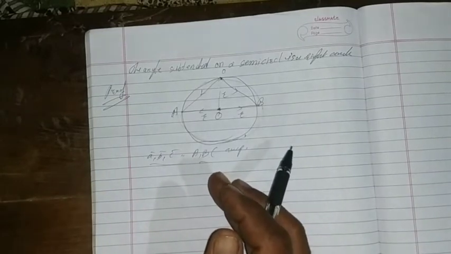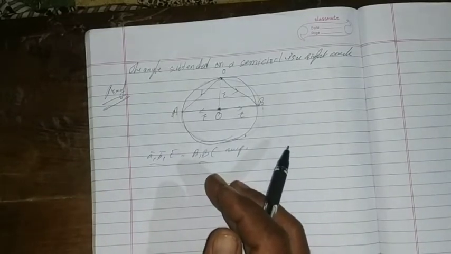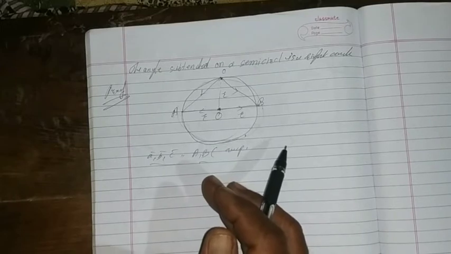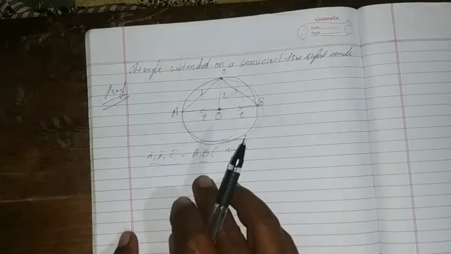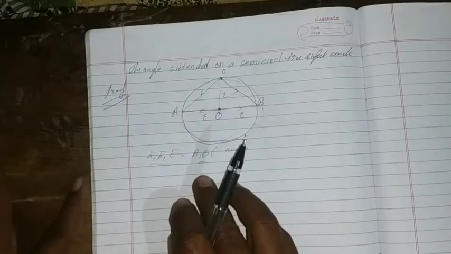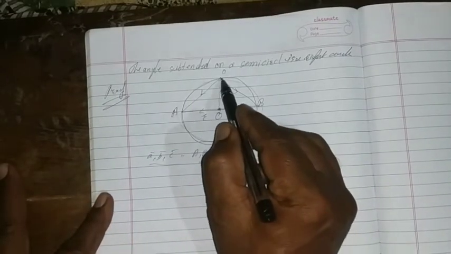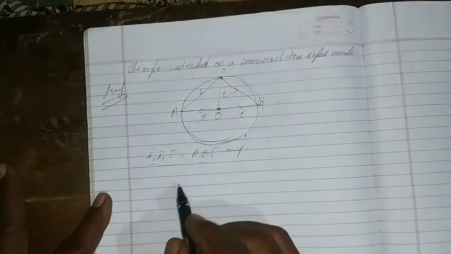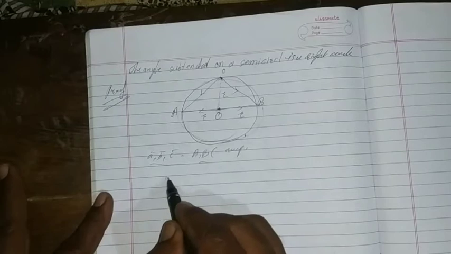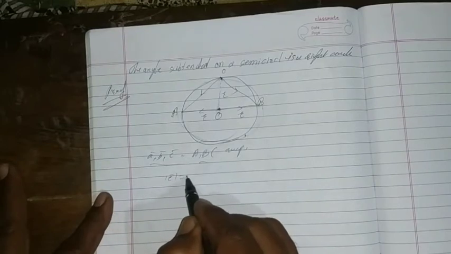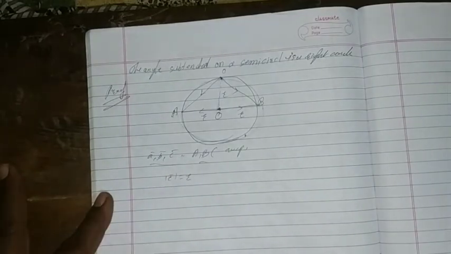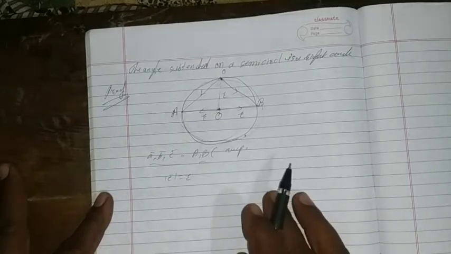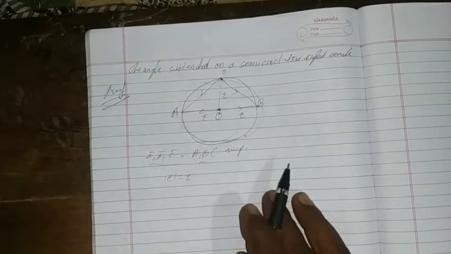Then this distance is vector C, right? Magnitude of vector C is equal to radius R.